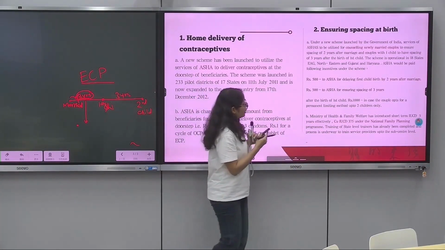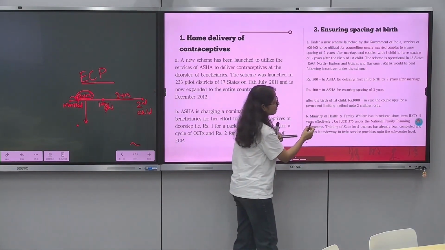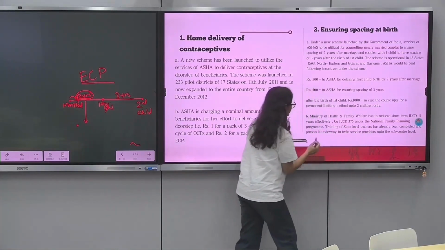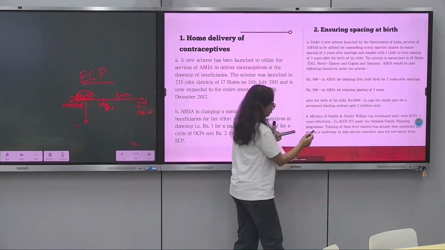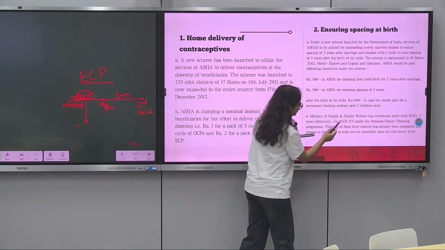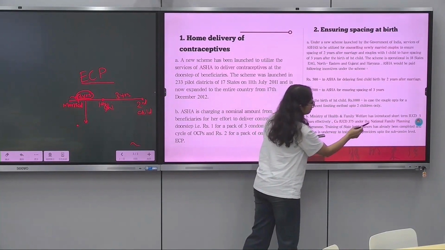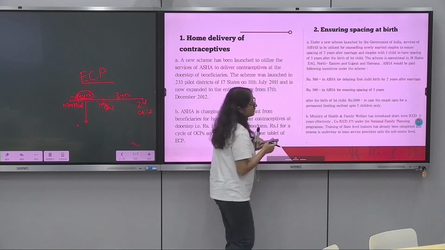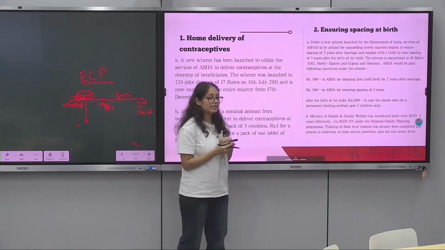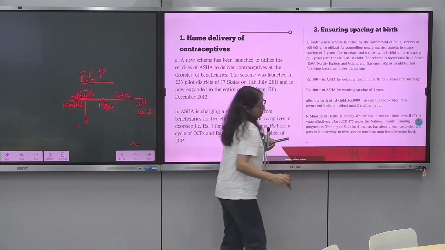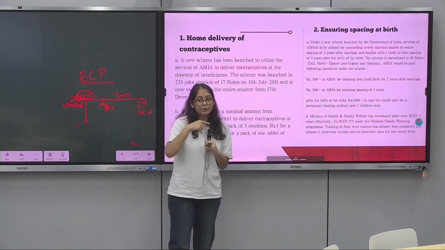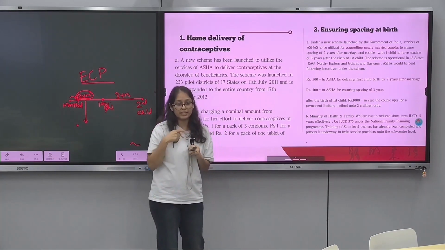Next, the second point says that the Ministry of Health and Family Welfare has introduced a short-term IUCD with 5 years effectiveness, that is Cu IUCD 375, under the National Family Planning Program. Generally, an IUCD is an implantable device, so people who do this need proper training.